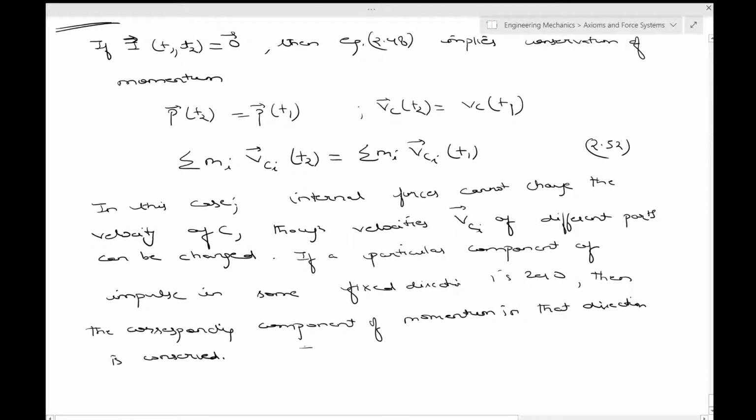Okay, so if Iy of T1 comma T2 is 0, then Py, equal to M VCy, equal to the sum of Mi VCiy, is conserved.